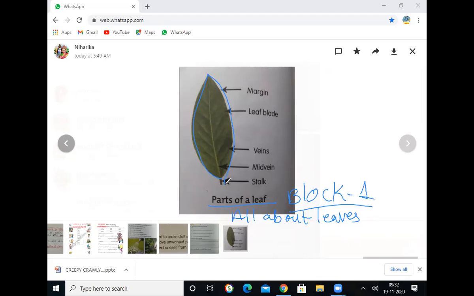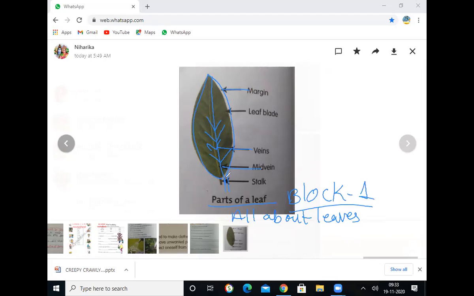In the middle you can see thread-like structures, or lines in between. These are called veins. In the middle, a straight line is called the midline.